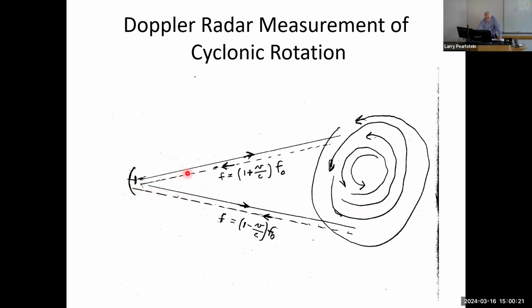When you're aiming at the advancing part, the frequency that comes back to you is (1 plus v over c) times f naught, which is the frequency you sent out. The retreating part is (1 minus v over c) times f naught. And from this, you can get the speed of rotation of the storm, identify it as rotating. And if the up and the down are equal in absolute value, the storm is at a constant distance. You can also tell whether the storm as a whole is advancing or receding.